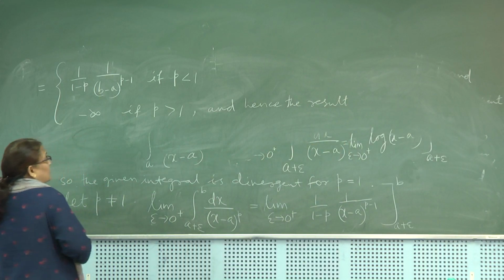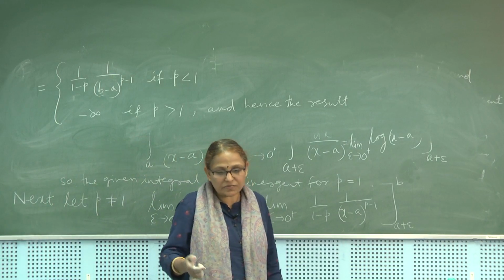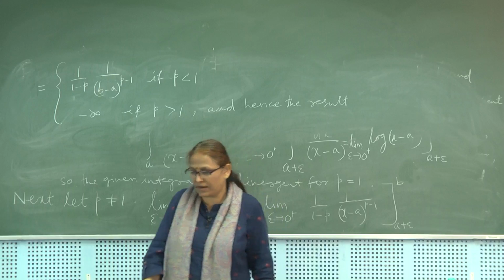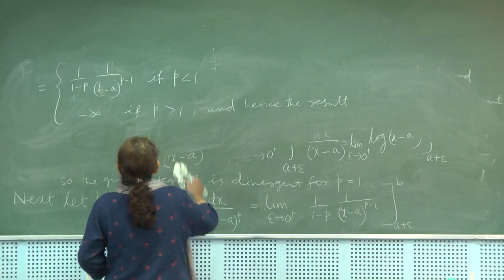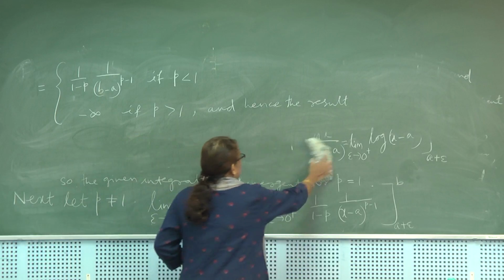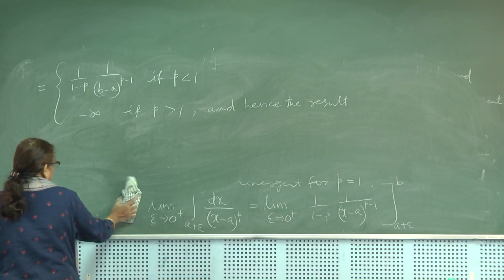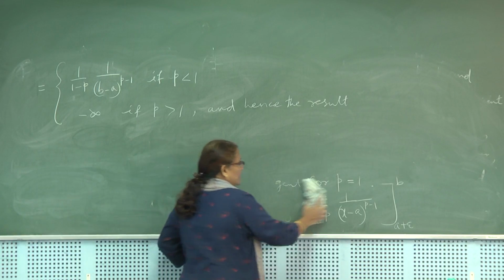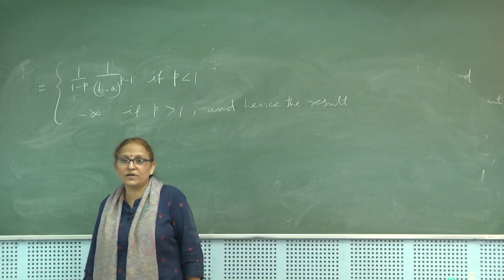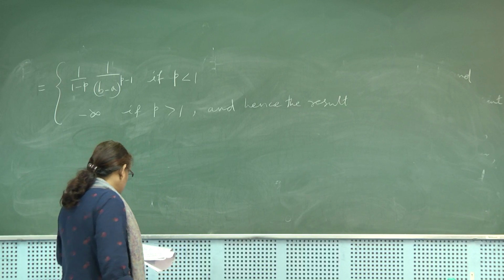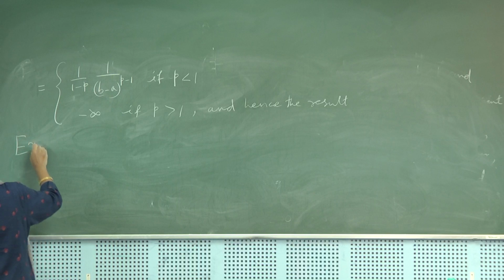So, this is about the p test of type 2 improper integral when the integrand is unbounded at the lower limit a. Similarly, what happens if we consider a type 2 improper integral and the integrand is unbounded at the upper limit b? That I can give you as an exercise, that you check.